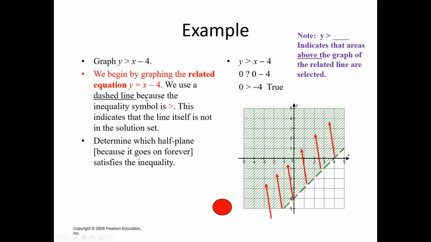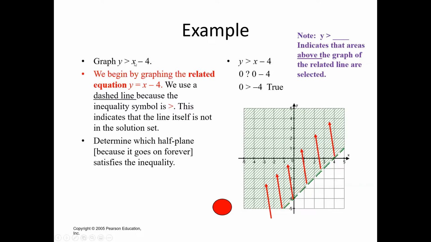We use a dashed line because it's a greater than symbol or less than symbol. We use a solid line if there's an or equal on it. Once again, first you just graph the line normally, changing that to an equal sign and solving the equation.